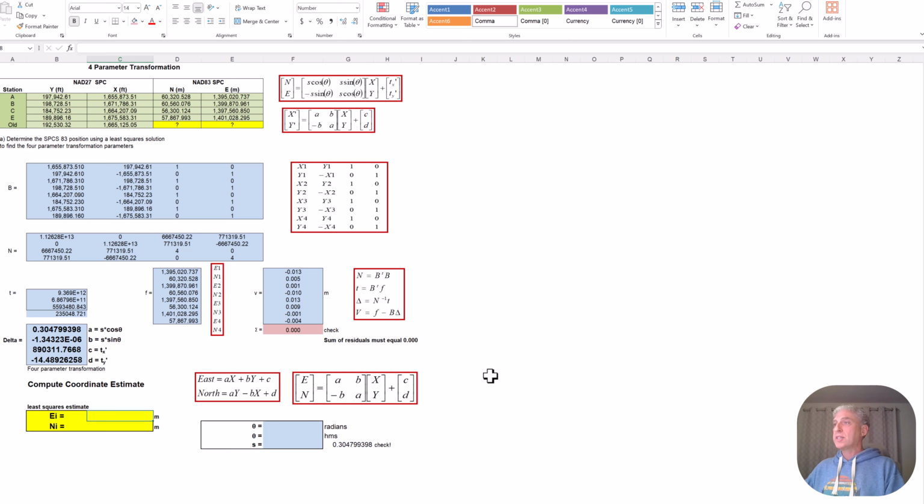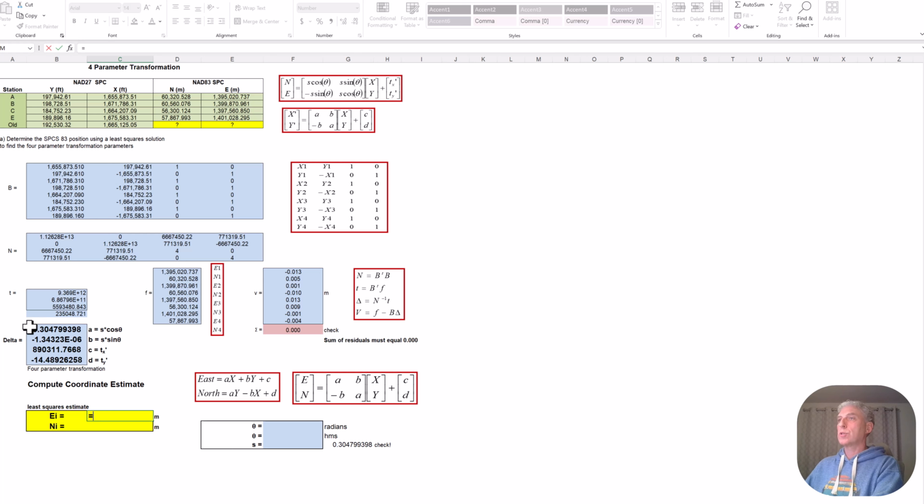So the easting is equal to ax plus by plus c, where x and y are the coordinates of our unknown point in the old system. X and y are the old system. So this is equal to, we could do this in matrix format. If I had more points, I would, but I'm just going to type out the formulae.